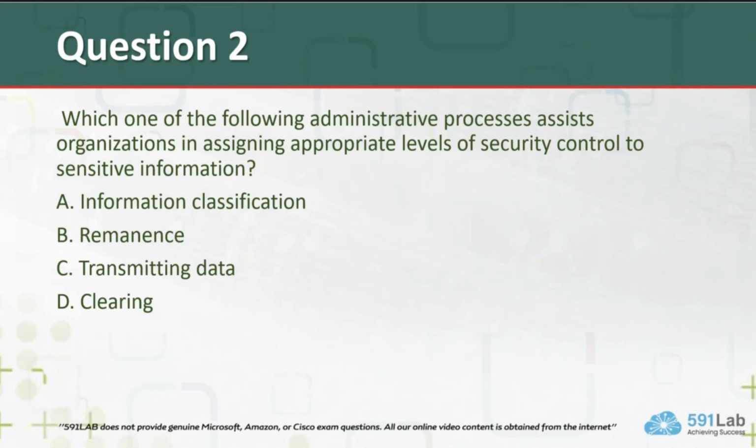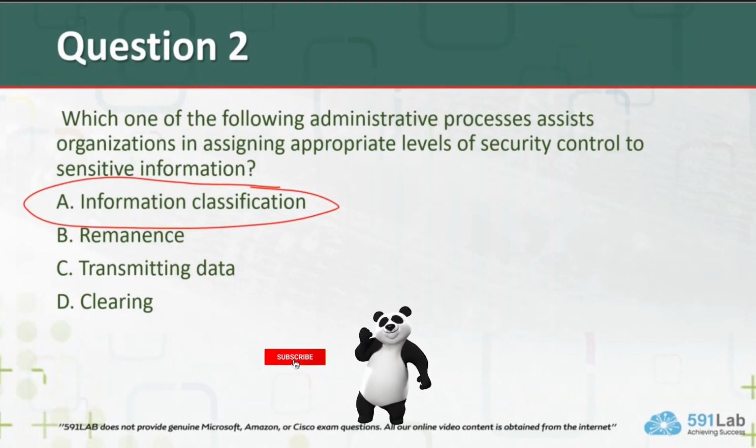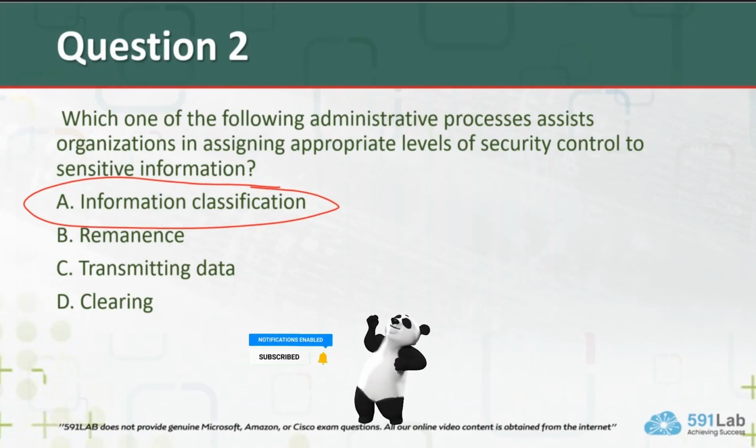And finally, data classification based on its value. So of course, the answer for this one is going to be classification, which assists with the security controls. If the data is highly classified, it would require, of course, more than another public data type.